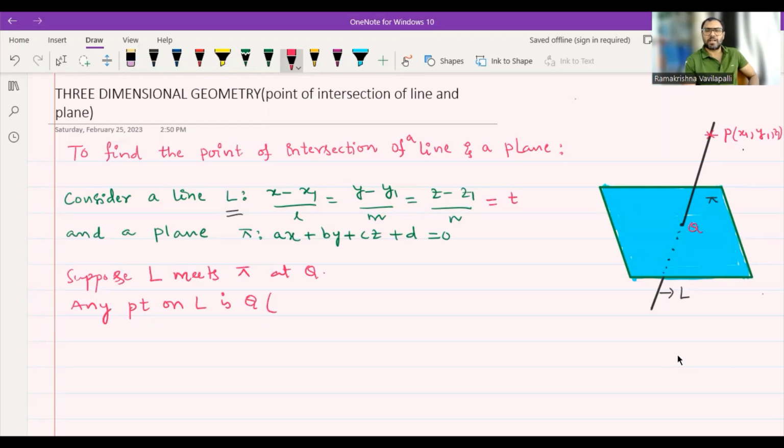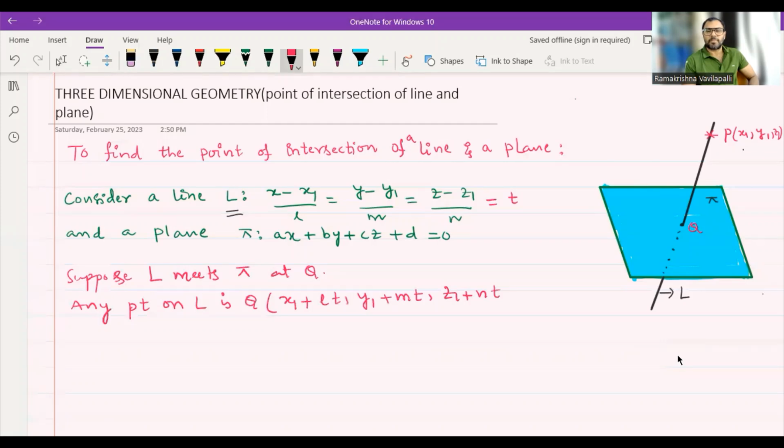Equating the first and last, we get x1 plus lt, second and last, y1 plus mt, and z1 plus nt.